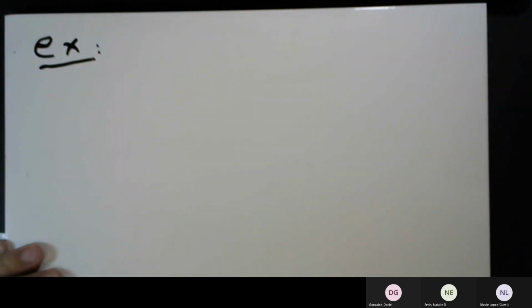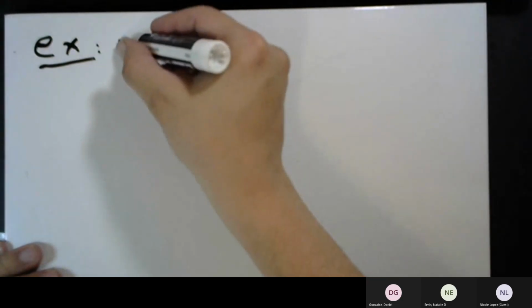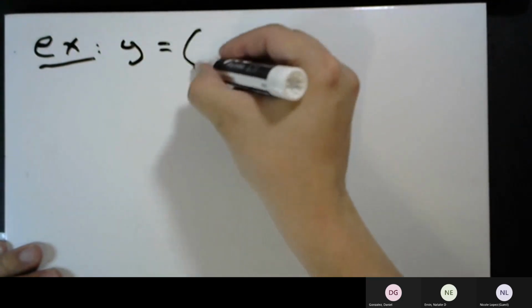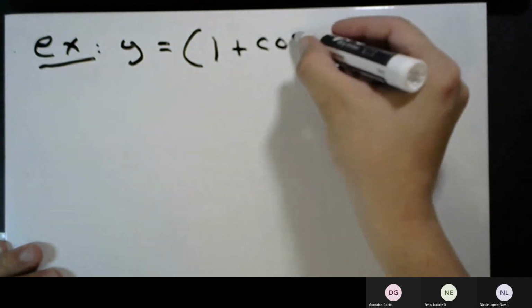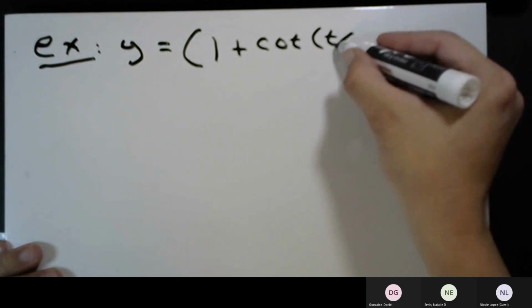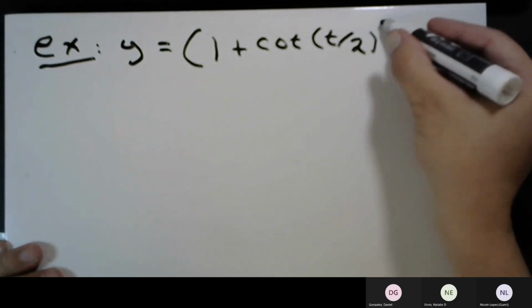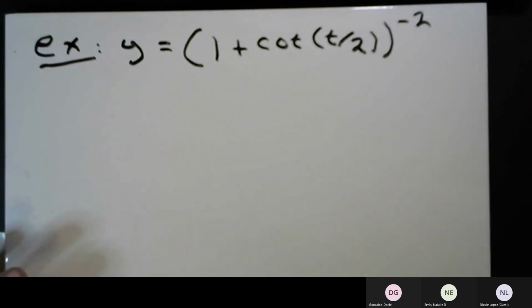So let's say we have something like this. Now let's say we're taking the derivative of something like this.